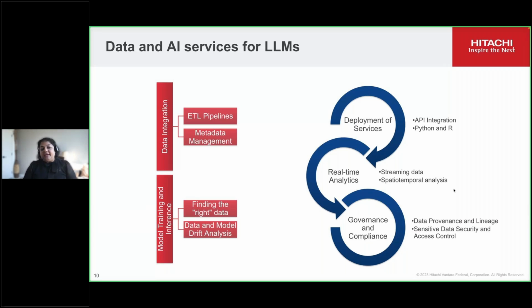And then as you're building your model, validating your model, and then using the model for inference, finding the right data to use as part of that training and inference process is important, as well as keeping tab of the data and model drift analysis. And then once you have deployed the model, being continuously able to do your data integration via databases, or applications where you're using their APIs to do that integration.